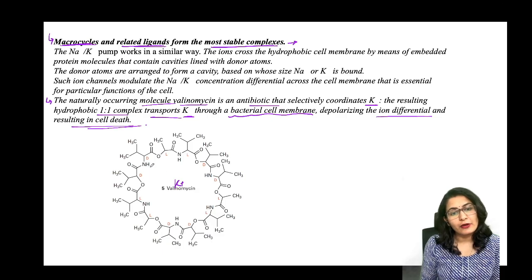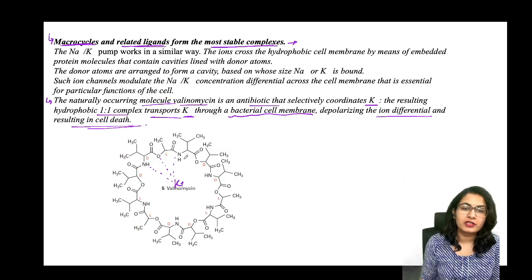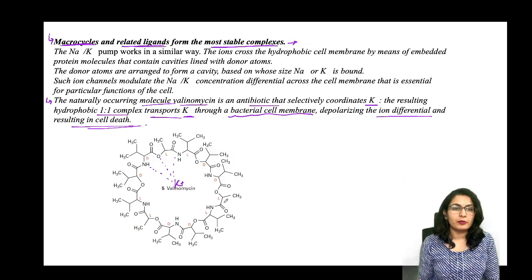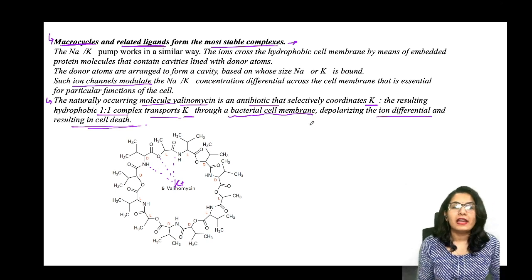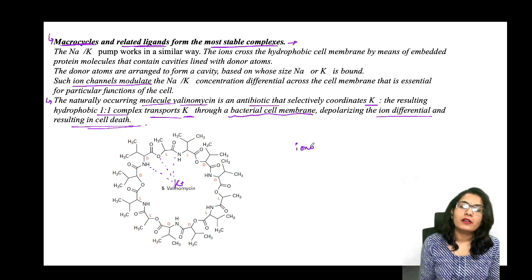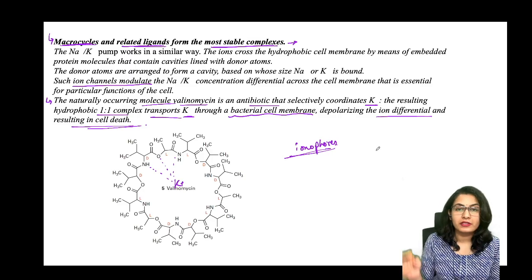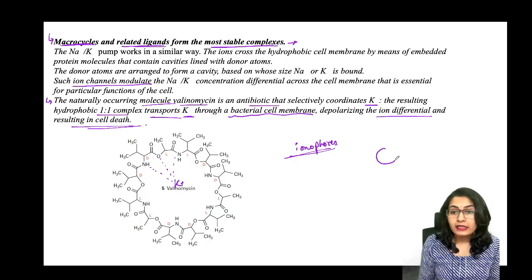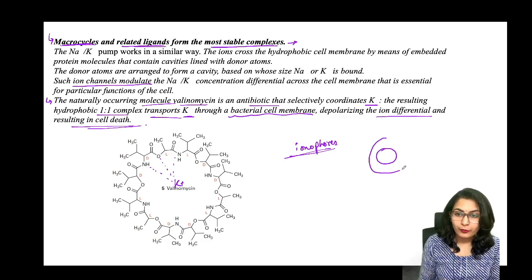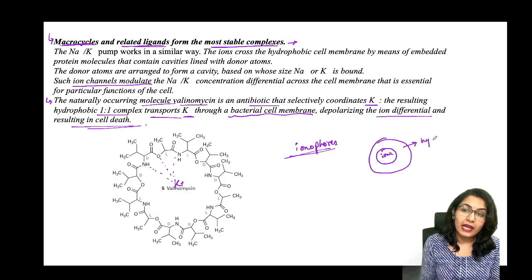See, this is how it is going to interact with potassium through the oxygen and mostly the nitrogen group. Oxygen is bound, mostly the nitrogen group. We call them ionophores. What are ionophores? Ionophores are organic molecules present in our system and in nature where the inner side of the compound is basically ionic, but the outer side is hydrophobic.